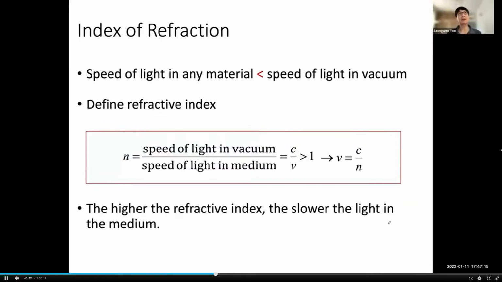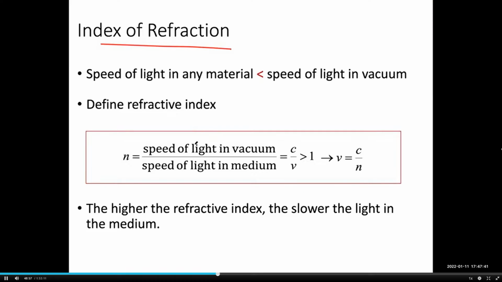Now, it's time to talk about refraction. Let me first introduce the index of refraction. It is intuitive to understand that light travels at its maximum speed in a vacuum. In other words, the speed of light will be slowed down in other media, right?